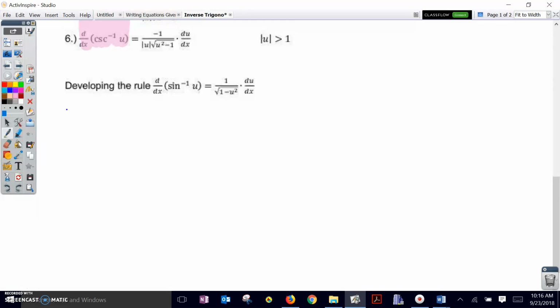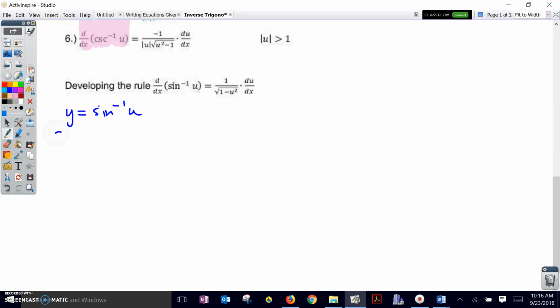So the first thing I'm going to do is let y be equal to the arcsine of u. And then in order to find this, I can use a little bit of algebra, trigonometry, and previous techniques that we've learned for finding derivatives in order to come up with dy dx for the arcsine.